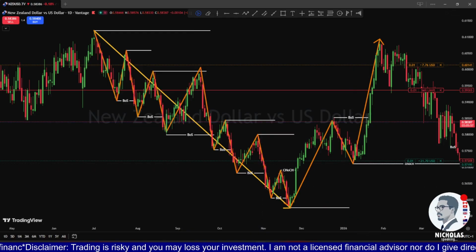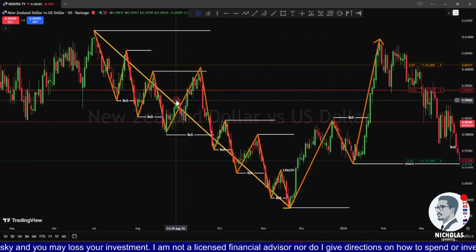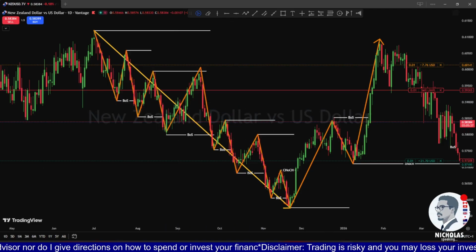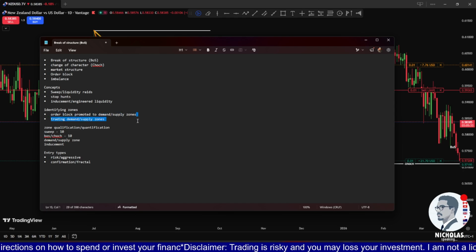Now, we've understood market structure. The next thing you want to look out for is something called order blocks. So, what are order blocks? I have taught you this whole situation without mentioning the word supply and demand, which of course I told you I was going to teach you. Why have I not mentioned supply and demand? This is the point where we will finally understand how this leads to supply and demand later.